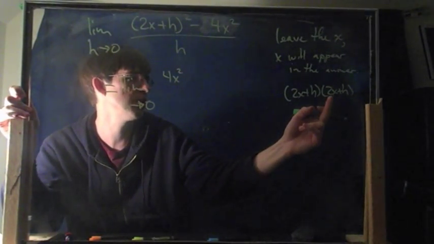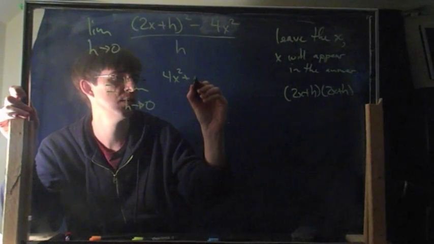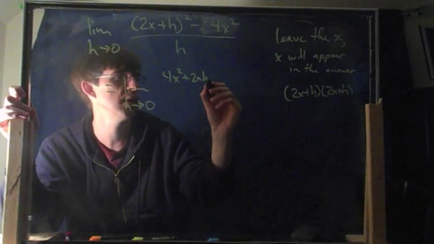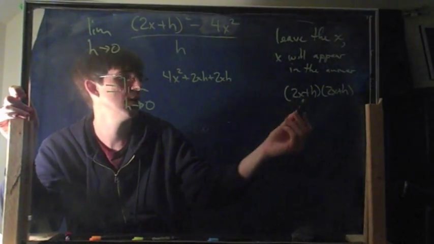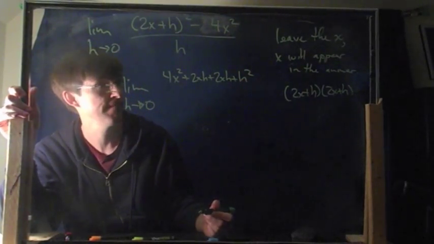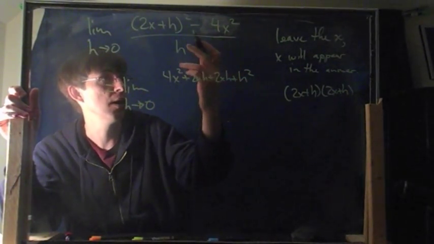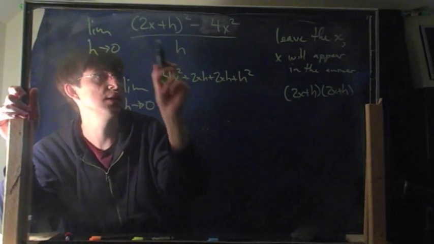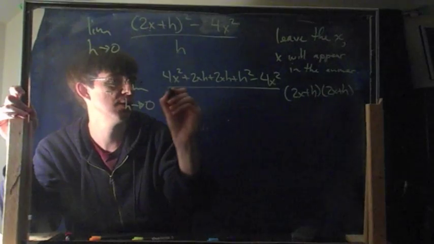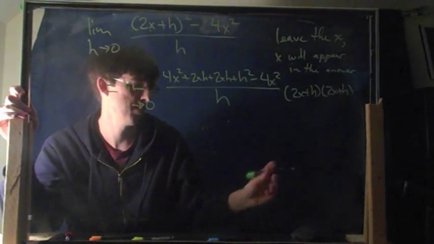On the inside, you get h times 2x, so that's plus 2xh. On the outside, you also get 2xh. And on the end, you get h and h, so that's plus h squared. I also have this from before, so all that is from that part. We also have minus 4x squared from before, and then on the bottom, h.